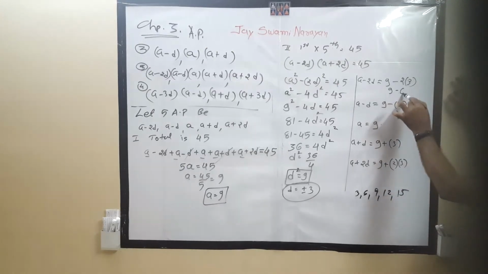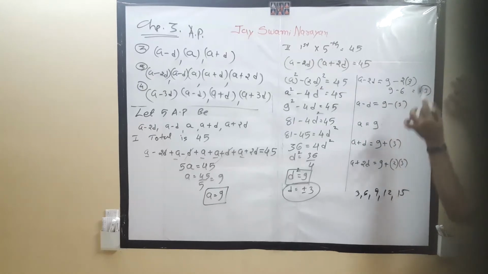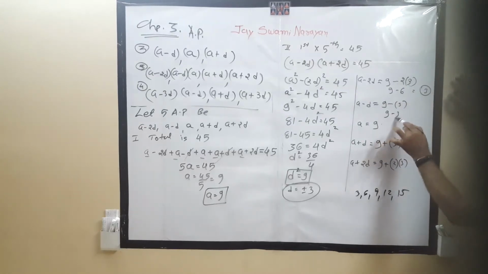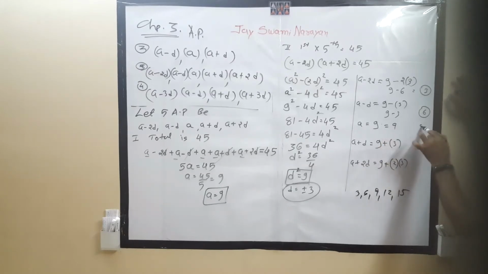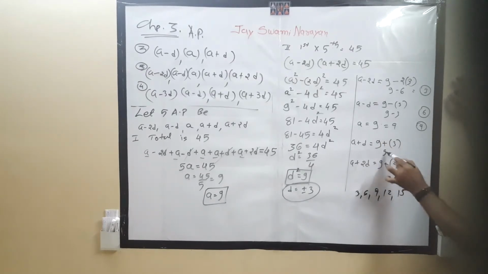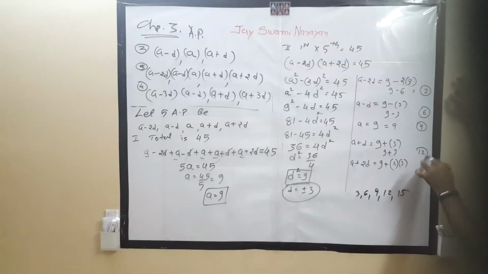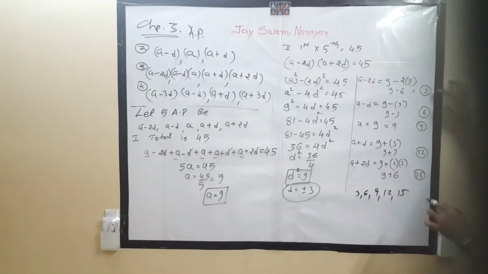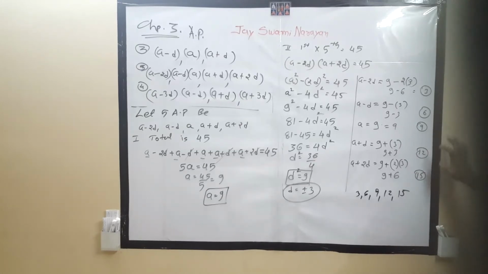So 9 minus 6 is equal to 3. 9 minus 3 is equal to 6. 9 itself. 9 plus 3. 9 plus 6. So 3, 6, 9, 12, 15.